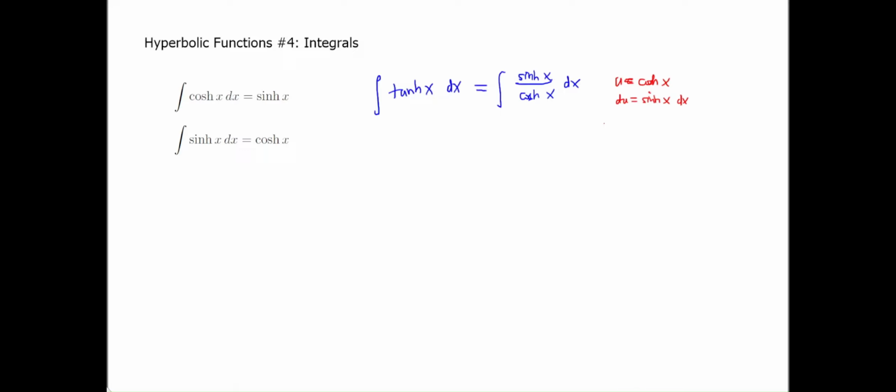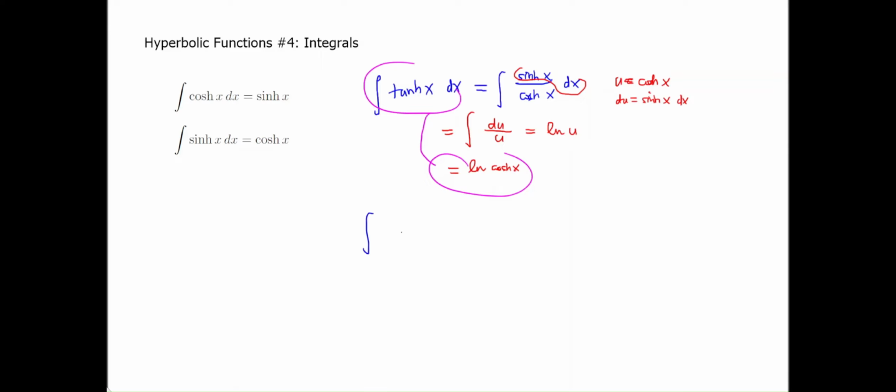We know that derivative from the previous video. This becomes du over u, so of course this becomes the natural log of u, or the natural log of cosh x. So there you go. I think that's almost identical in almost every way to the circular trigonometric integral.